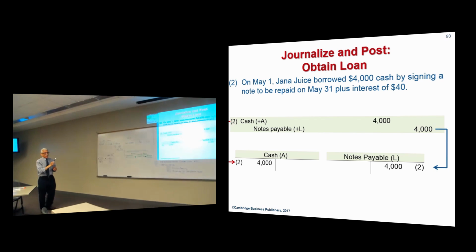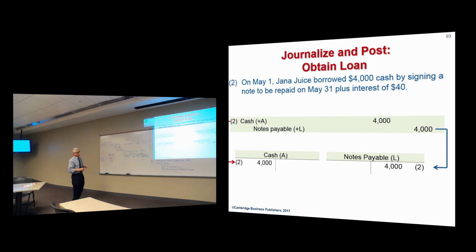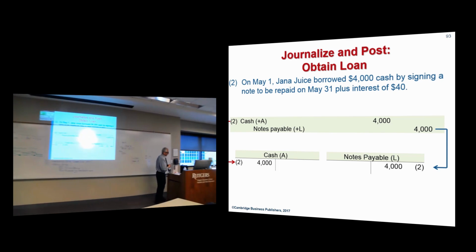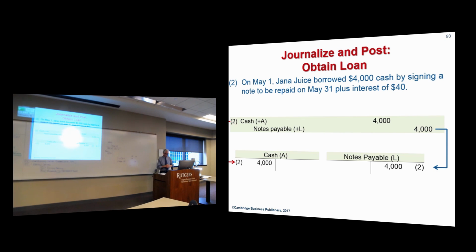And once again, debits on the left side against the margin, the credit is indented. Once again, the notation, making sure you know it's a liability. Eventually you're not going to need that, but I think it's important to have that as a reminder. Now, there's no interest yet because the interest accrues at the end of the month.